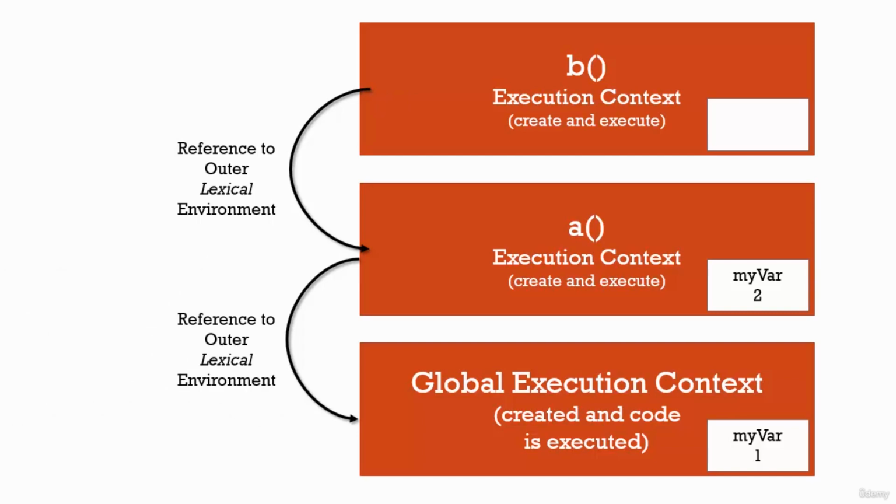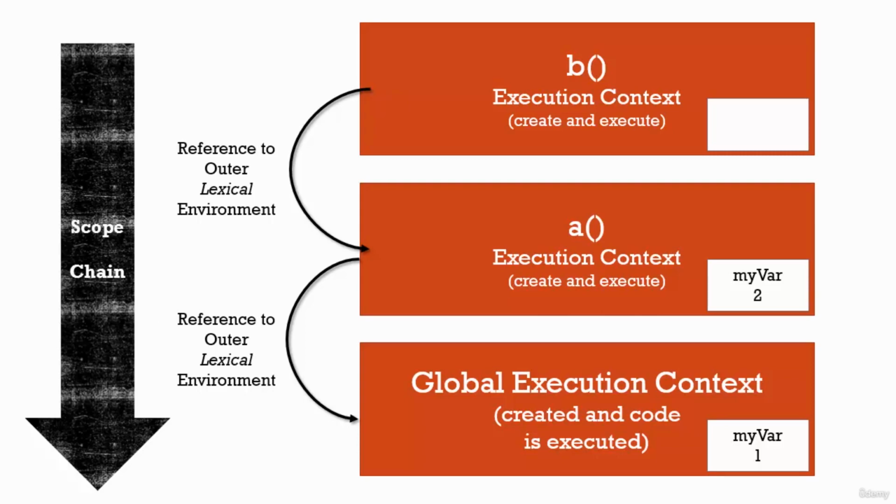And so when we asked for my var this time, when it went down the scope chain because it couldn't find it in B, instead of going to global, it went to A. Found my var, it said, hey, you asked for my var, and when I went to the outer lexical environment, I found my var, and so it's 2. Make sense?